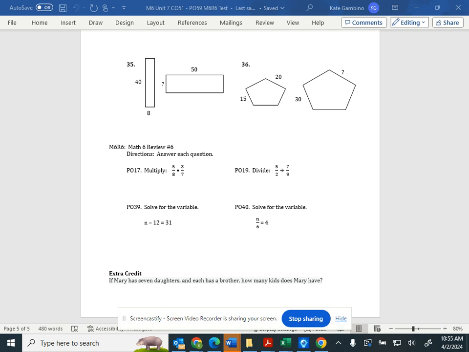It is just 8 because those 7 daughters each have a brother. They don't have 7 brothers, there's 1 brother. It would be 14 if it said they have 7 brothers. But if they only have 1 brother, each daughter has the same brother.